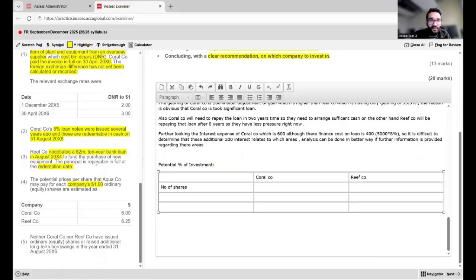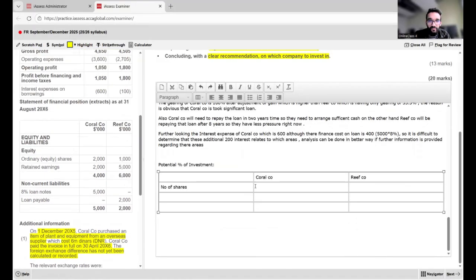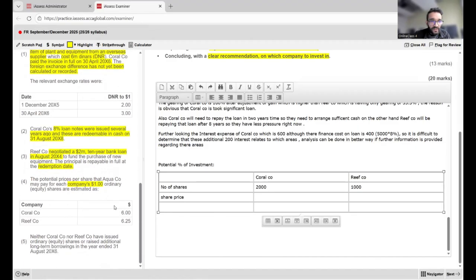Okay, it means their number of shares are same. 2000, and right now they are having 1000. And what is their share price? This company is having a share price of 6, and this company is having a 6.25.